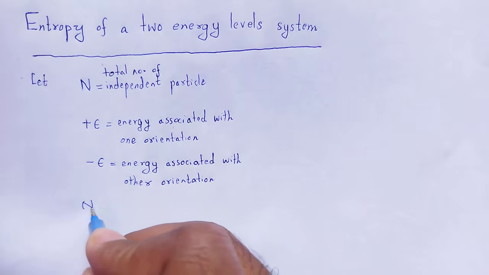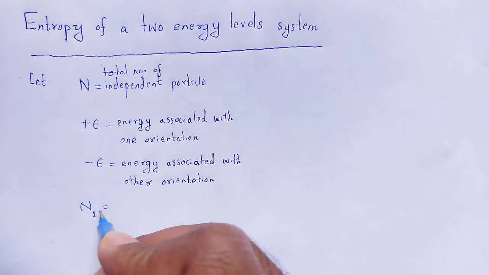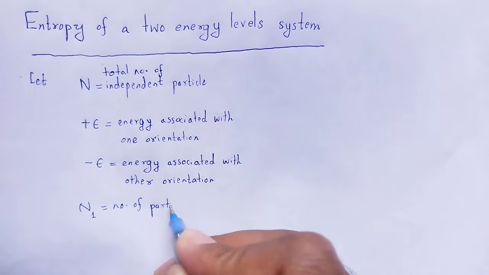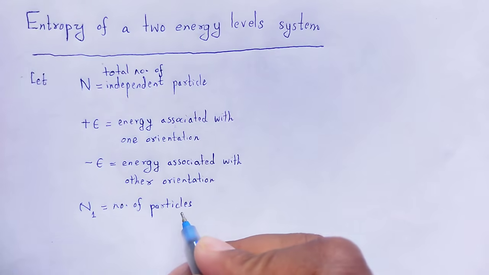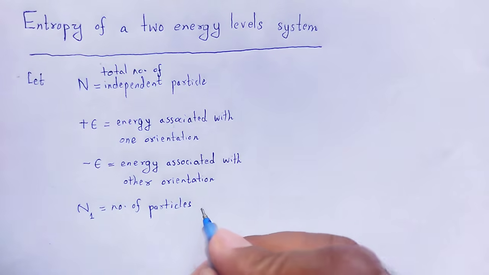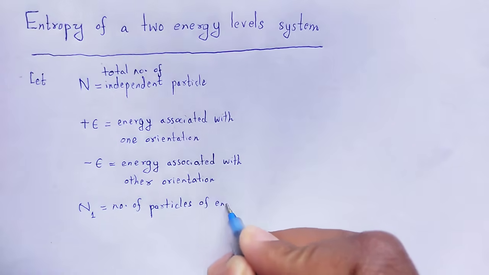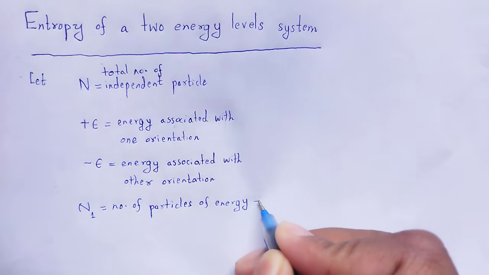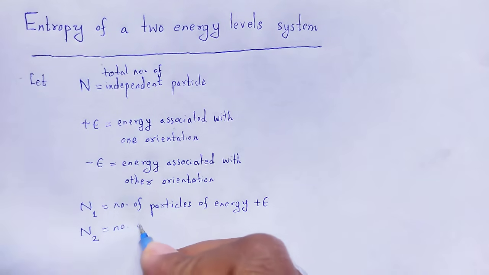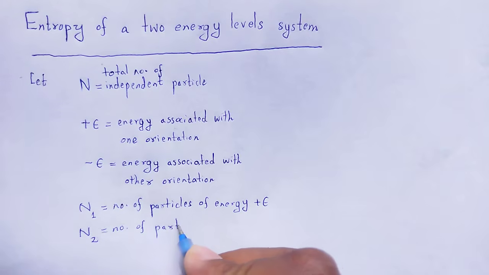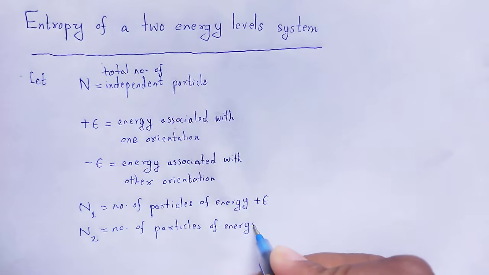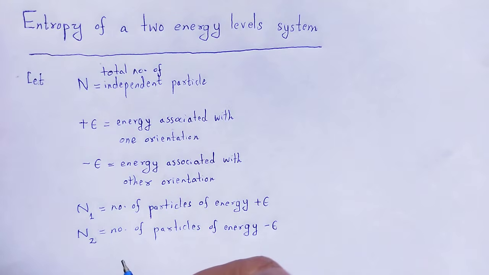N1 is the number of particles of energy plus epsilon. Similarly, N2 is the number of particles of energy minus epsilon.